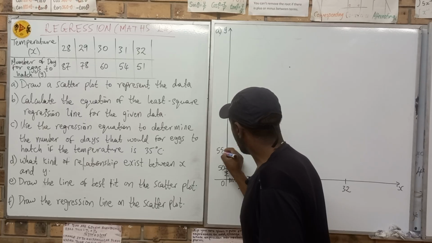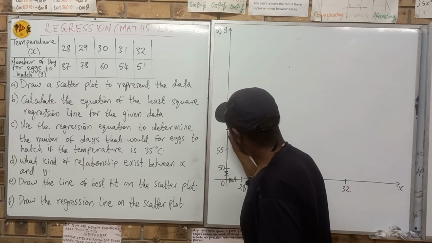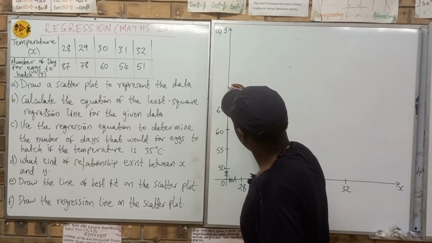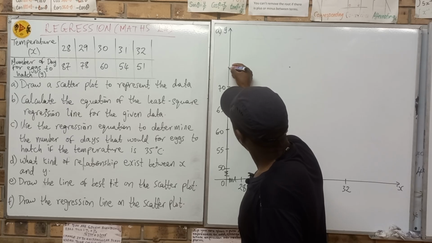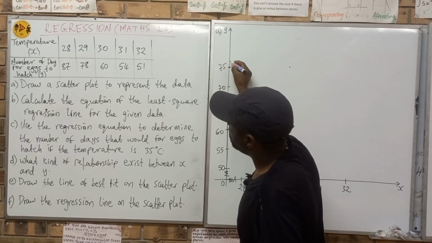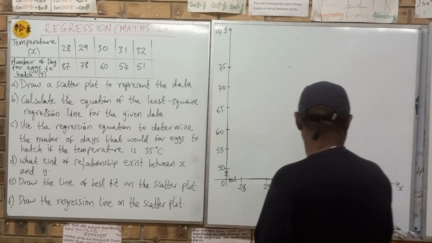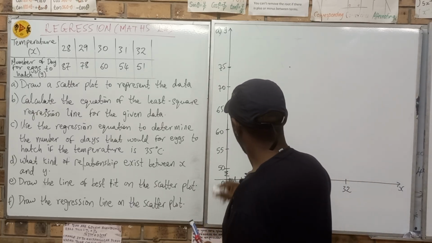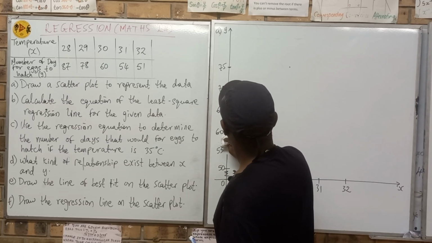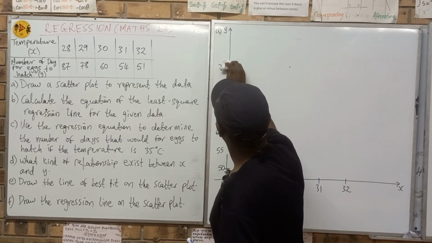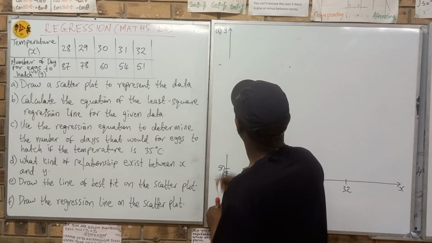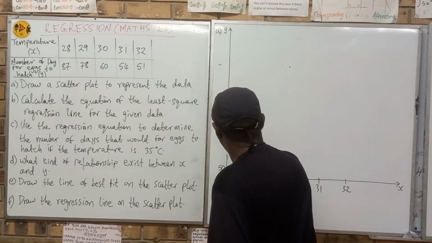So I'll get my 55 there, I'll go to 60, 65, 70, 75. The biggest number is 87, will I arrive? 80, I think I made my space too big. Let me try to reduce it a bit because I need at least a 90. So I'll just reduce the space a bit.